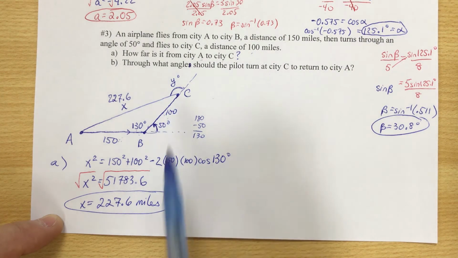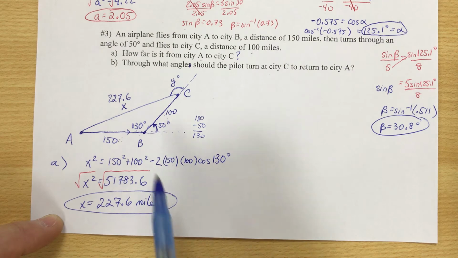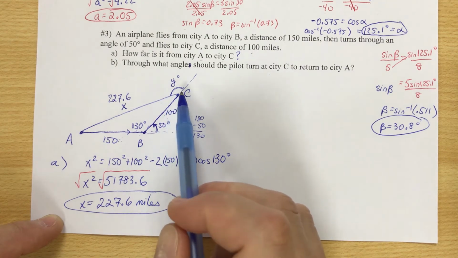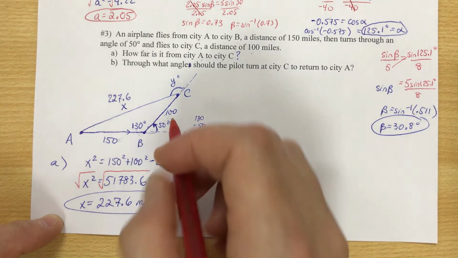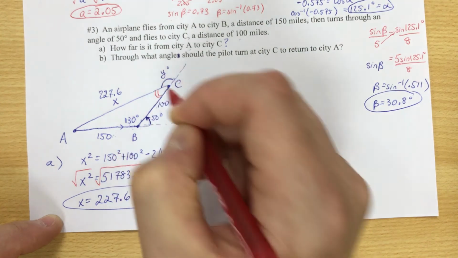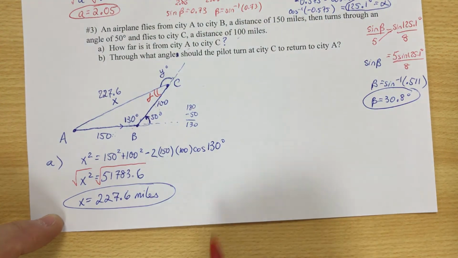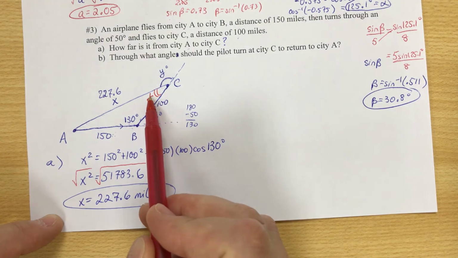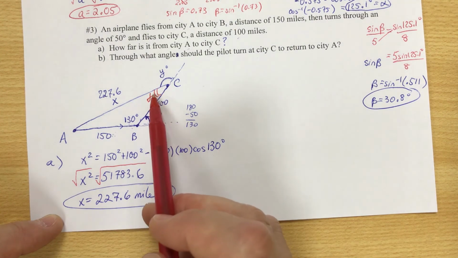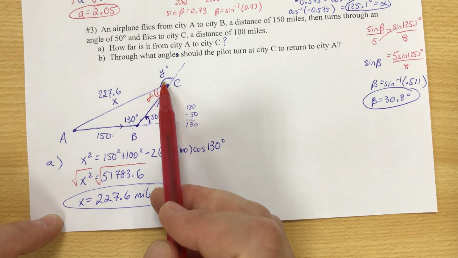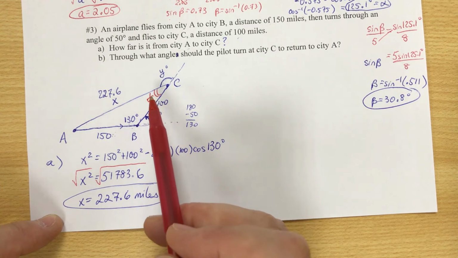Now, here's the thing. I'm not going to find that yet, but what we could do is figure out this angle here. This is angle C. I'll use gamma for C. If we could find this angle, all we have to do then is subtract from 180 and we would get this one. So this is what we want to find.